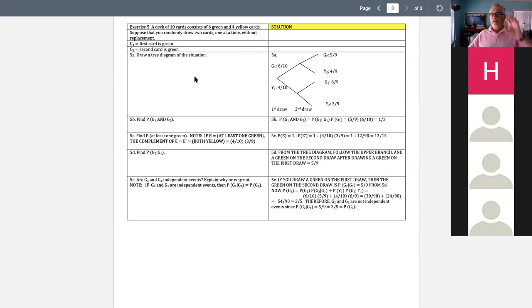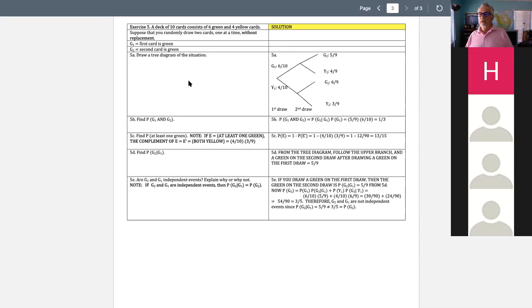So for example, if I draw a green card on my first draw, I'm not going to replace that. I'm going to set it aside. That reduces the deck on my second draw to 9 cards, right? We've taken 1 green card out, set it aside, and now we draw again from the remaining 9 cards, 5 of which are green, and 4 of which are yellow.